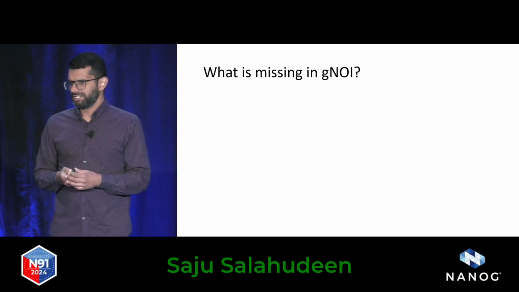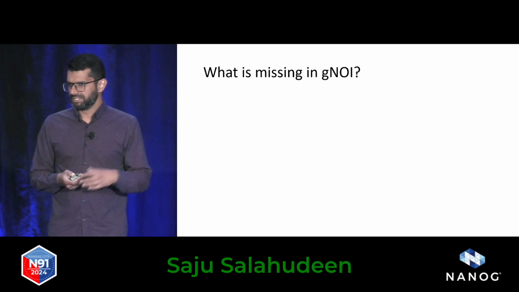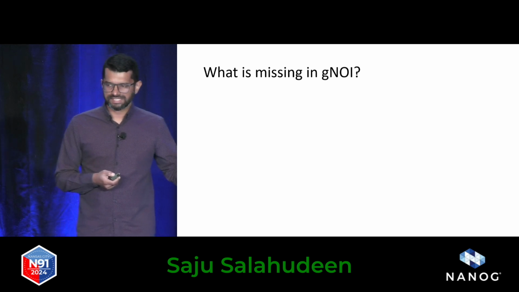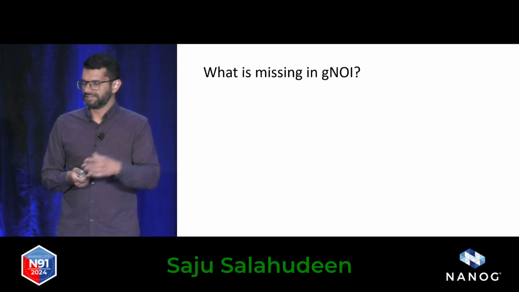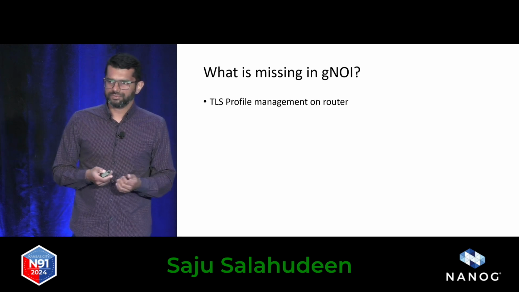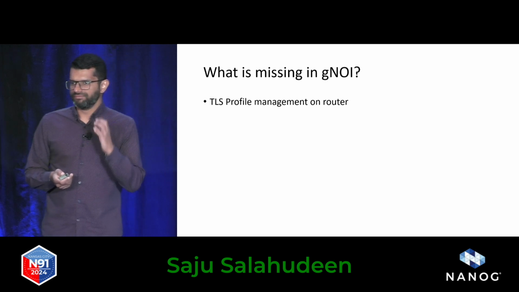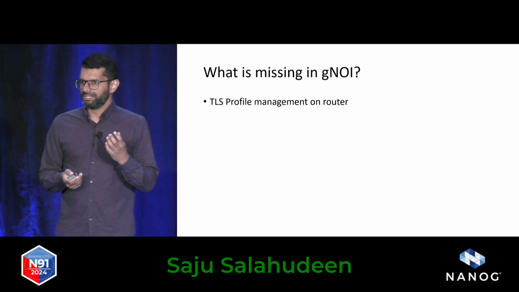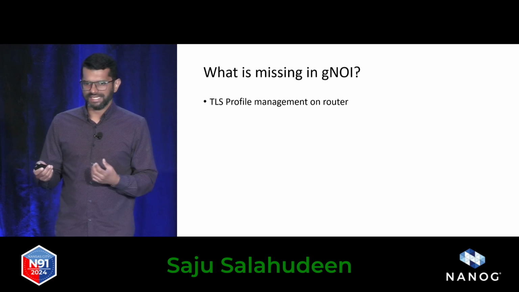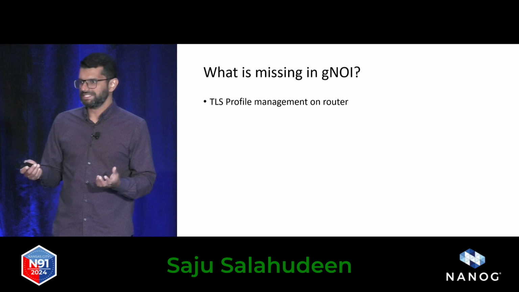Now, what is missing in gNOI? We saw all those RPCs, but there are some things that are missing in gNOI, because of which gNSI was developed and these certificate services were moved to gNSI. The first one is the profile management on the router. After you configure the certificates, you need to enable those applications on your router to use those certificates. That's commonly done using something called a TLS profile.